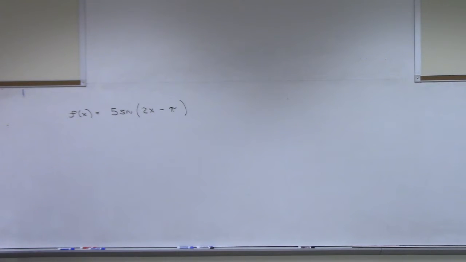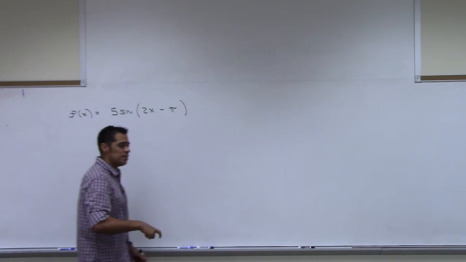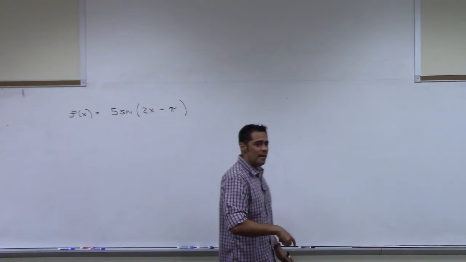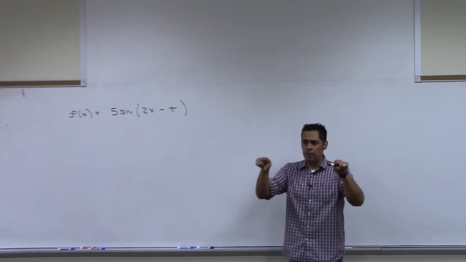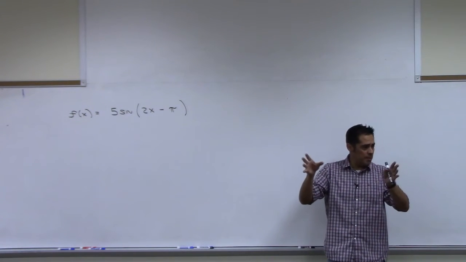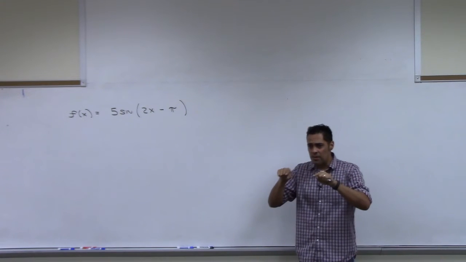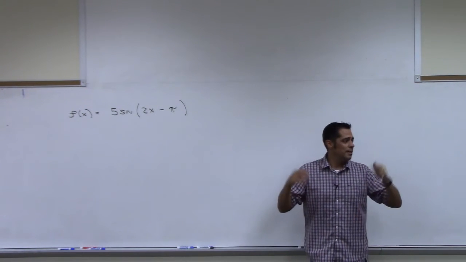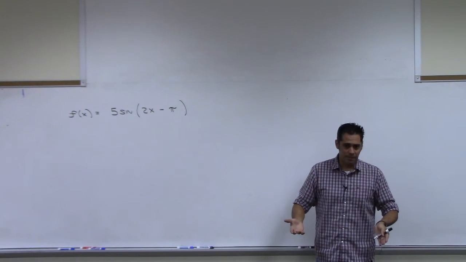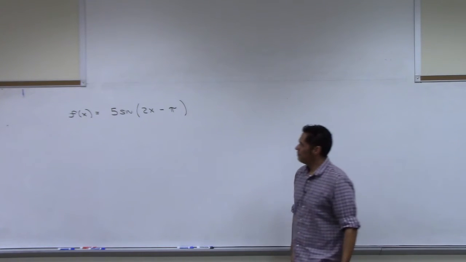Since it's a sine curve, I'm going to set the argument equal to 0, and the argument equal to 2 pi. From that, I'm going to put points, cut it into 4 equal pieces, identify my x-intercepts, test a point, and draw it. That's what we're going to do.